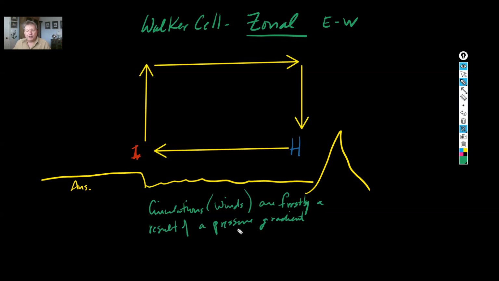But it says it's firstly a result of pressure gradients. Secondarily, they are a result of a temperature gradient. So first thing, they're a pressure gradient. Second thing, they're a temperature gradient.